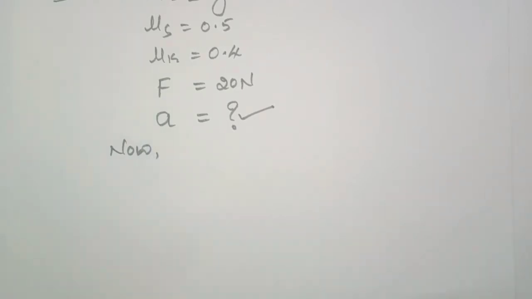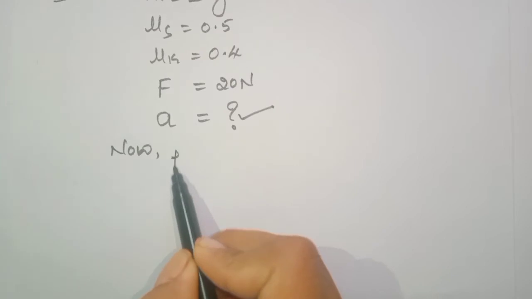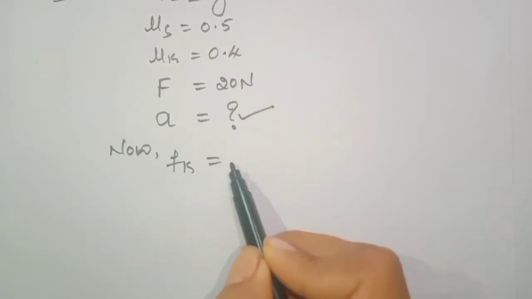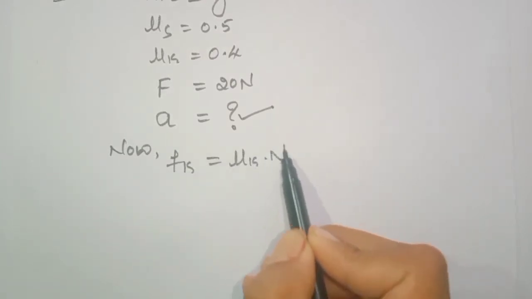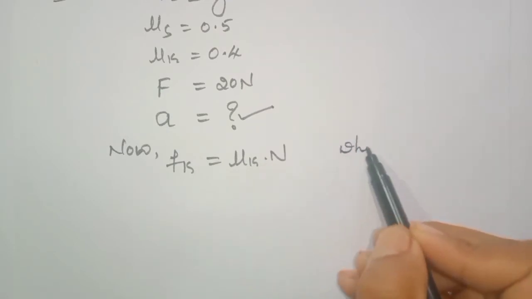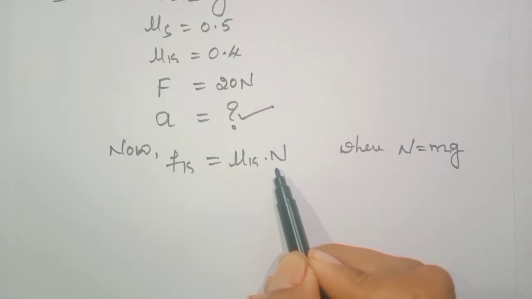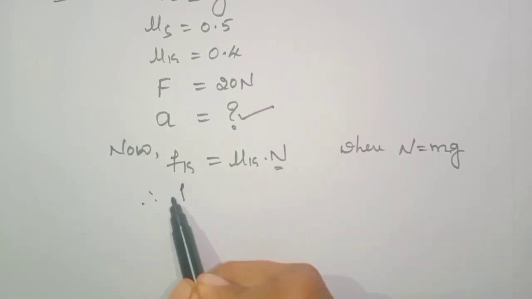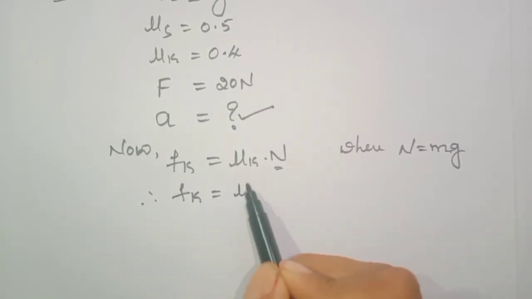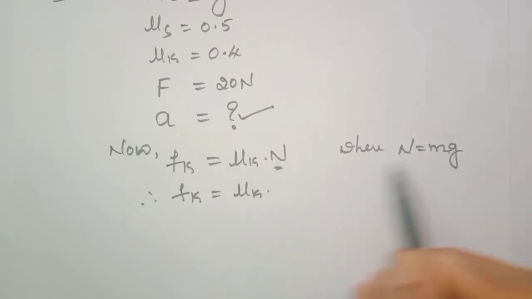But before calculating the acceleration, we have to calculate Fk. We will use the formula Fk is equal to mu k into N, where N is equal to mg, so we will place mg in the place of N. Therefore, Fk is equal to mu k into mg, and now we will substitute the data.